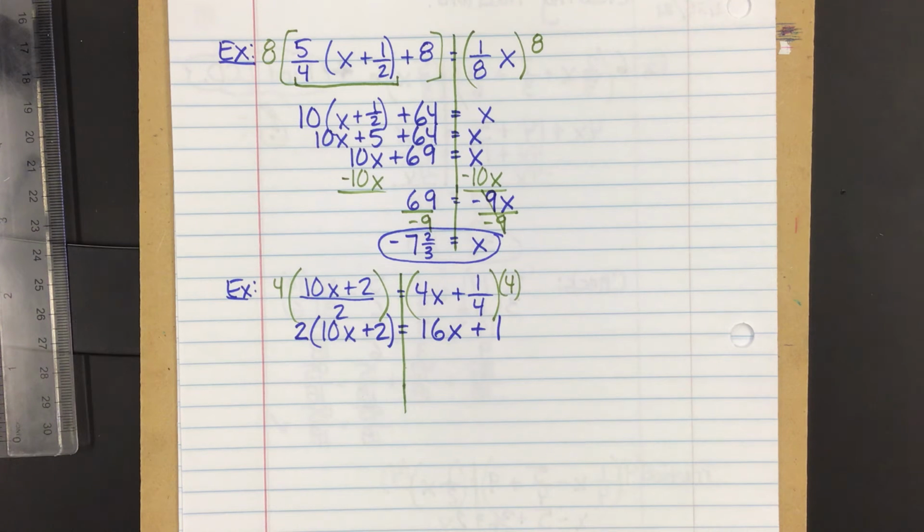Another way of looking at it is, let's say that you have 10x plus 2 divided by 2. Well, whenever you divide by 2, it is the same thing as multiplying by a half. So instead of writing it this way, I could do it like this, a half times 10x plus 2. Okay, so dividing by 2 and multiplying by a half, same thing.